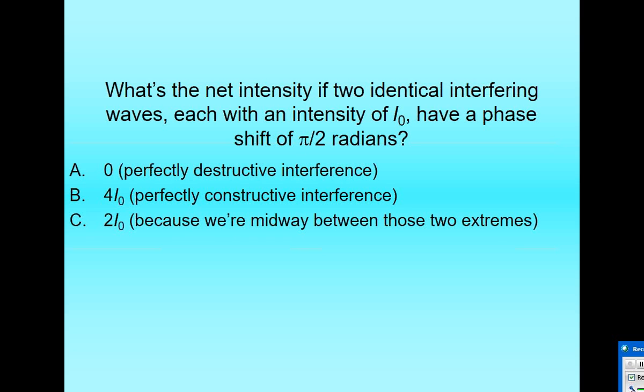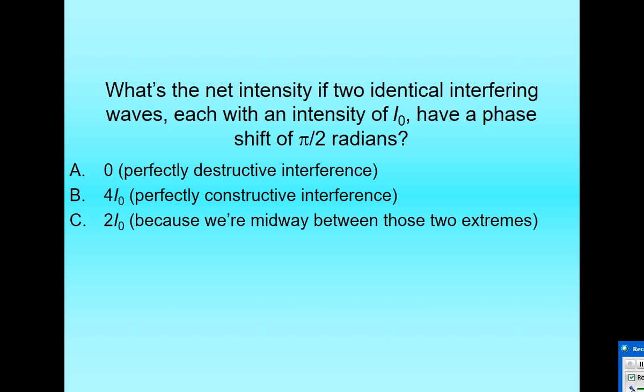Think about this question here. If I have two identical interfering waves, and each of the separate waves has an intensity of I naught, I subscript 0, and these two waves interfere with each other and the phase shift between them is pi over 2 radians, what's going to be the intensity of the combined wave?